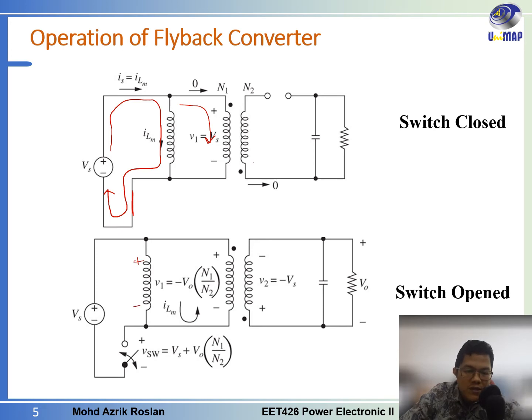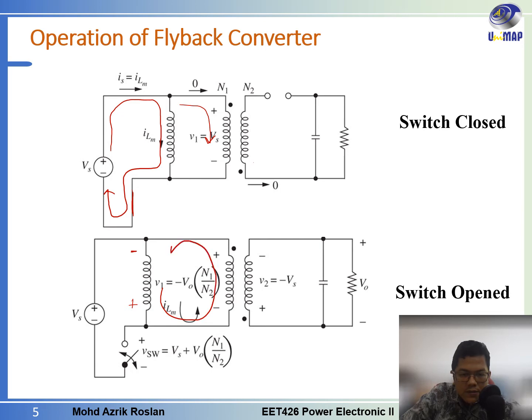When we remove the supply from this inductor because we have the open circuit here, the inductor will change its polarity. So this one will be positive, this one will be negative. When this one is positive, the current will flow like this.